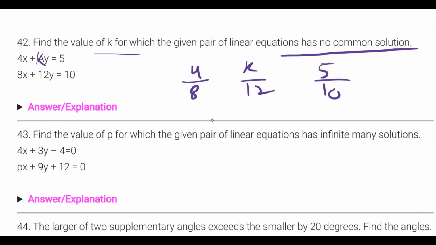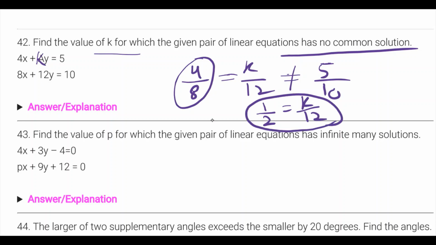So for this to happen, these two should be equal and this should not be equal to 5 by 10. The ratio of 5 by 10 is 1 by 2 and this is also 1 by 2. So 1 by 2 equals k by 12, k equals 6.